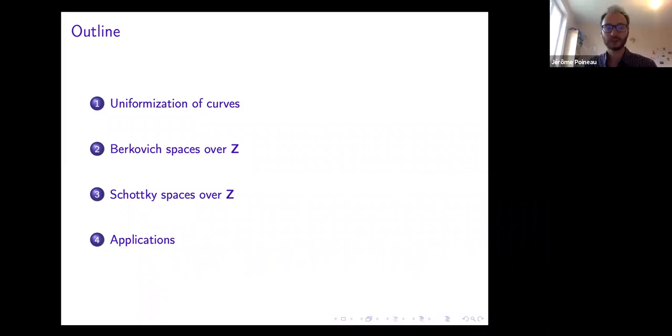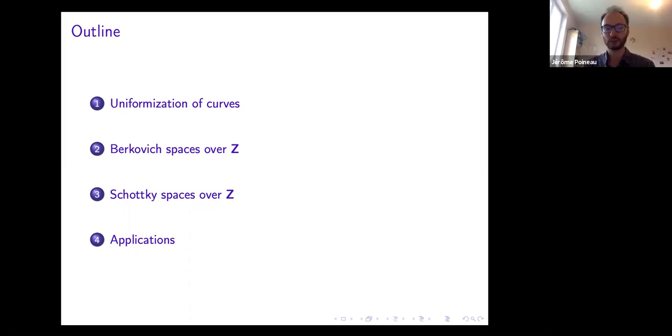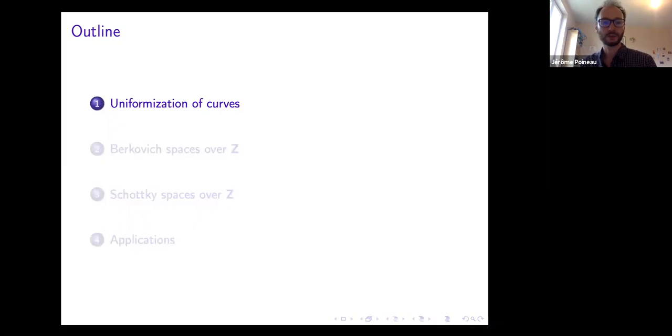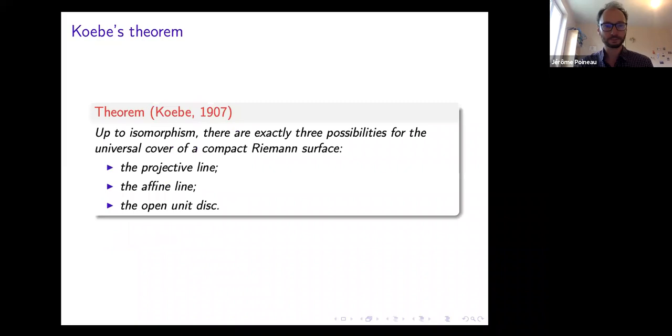My second part is going to be about Berkovich spaces over Z. Roughly speaking, these are spaces that naturally contain both complex analytic spaces and p-adic analytic spaces. Then in my third part, I try to mix everything: uniformization of curves over different valued fields, and how you are able to put that all together. And I'll try to talk about a few applications towards the end.